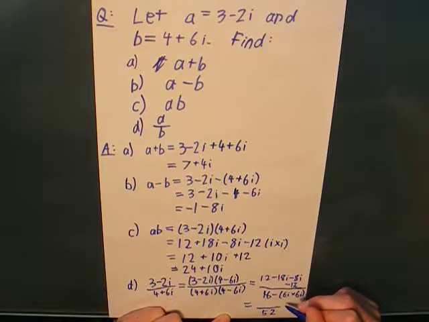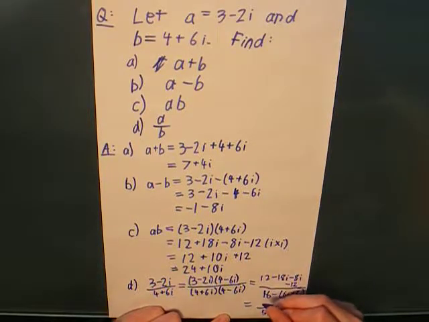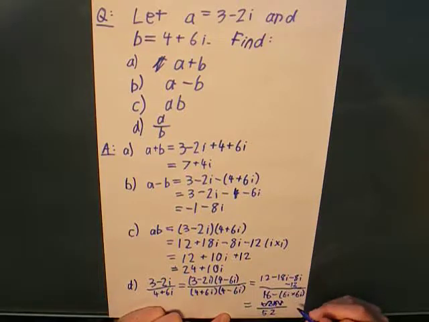Okay, so now the minus 12 and the 12 cancel, giving us minus 24i. Well, actually, my mistake. That shouldn't be a minus 24i. That's actually a minus 26i.